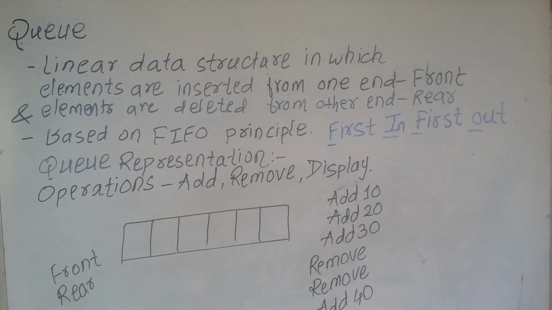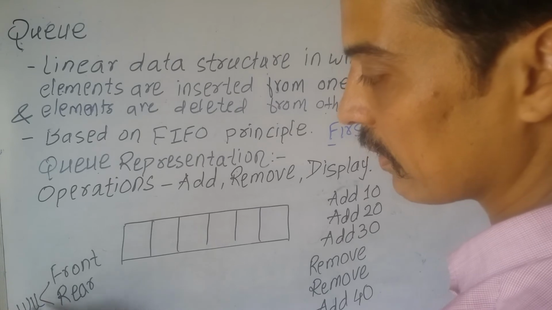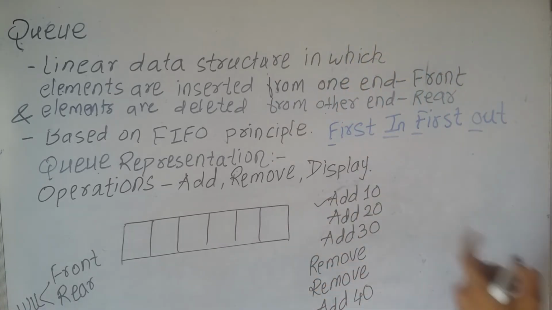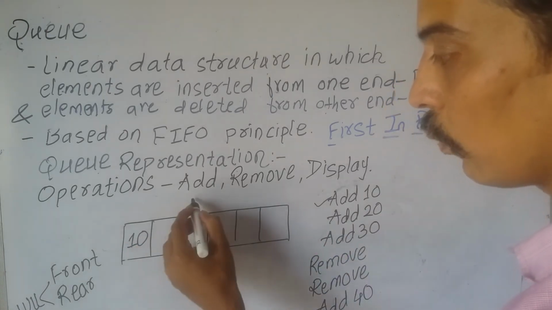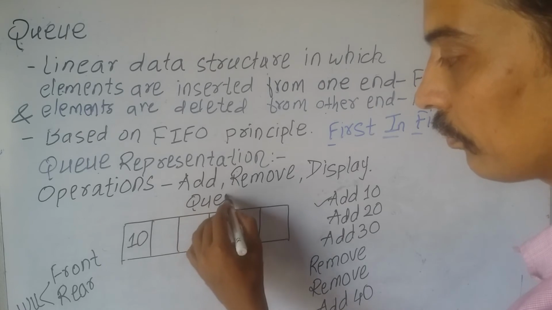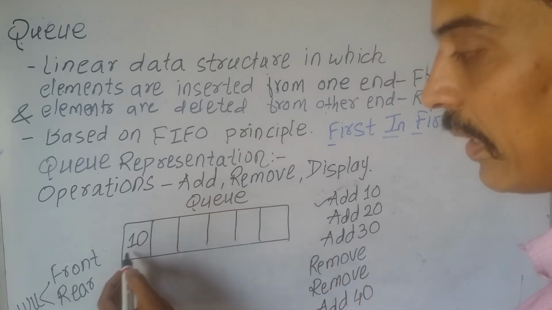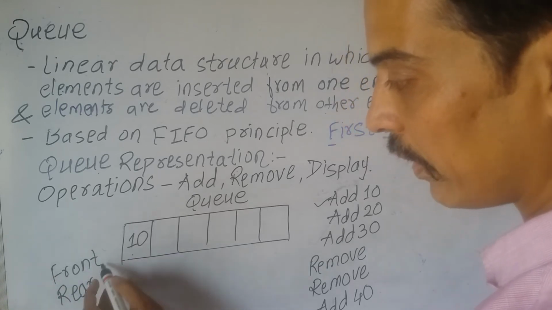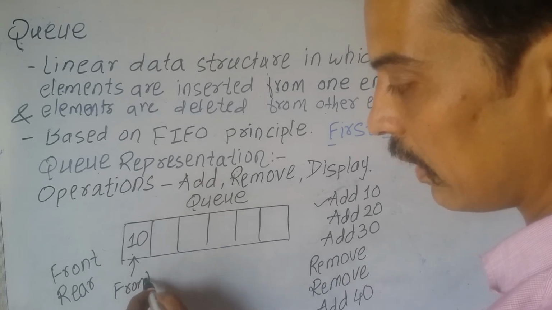Then how are the operations carried out one by one? First, the front and rear are pointing to nothing, that is the null value. Now whenever I perform the first operation, add 10, where does it get added? It gets added as the first element in the queue. This is my queue, for example. So the element 10 is added as the first element, and now the front and rear pointers are pointing to the element 10.